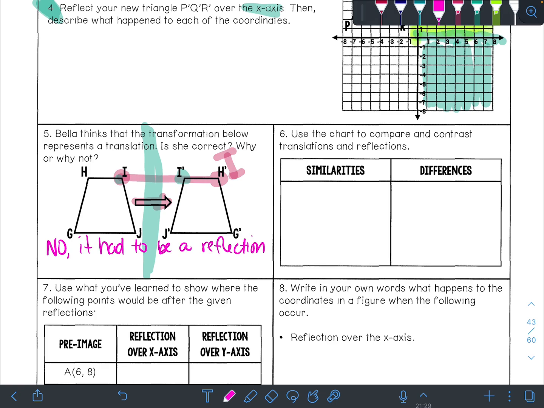So both create an image that is congruent to the pre-image.